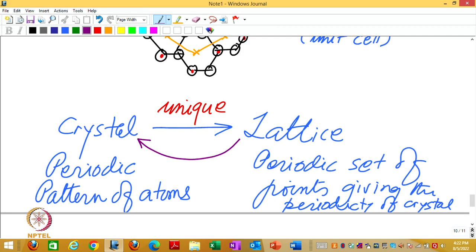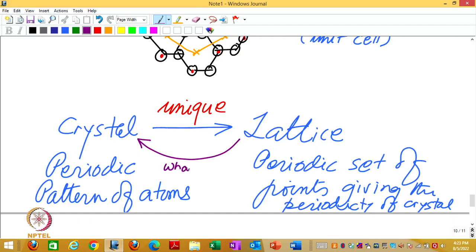What is being repeated, because the lattice is giving you only the repeat structure. It is telling you something is being repeated, the pattern has this periodicity, but it is not telling you what the pattern consists of.